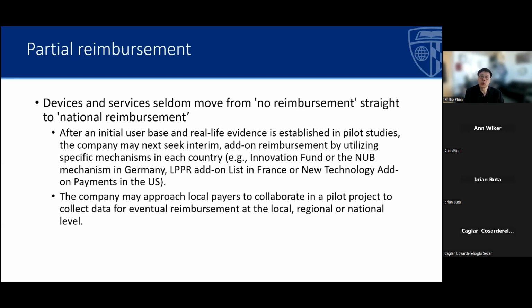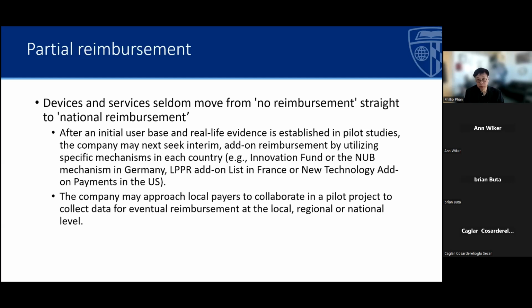This is a situation where if you have a new technology, especially if it's designated as a breakthrough technology, and it promises potentially significant new benefits, then you could apply for provisional coverage, which then allows you to deploy it with a provider or a set of providers in order to collect data, right?